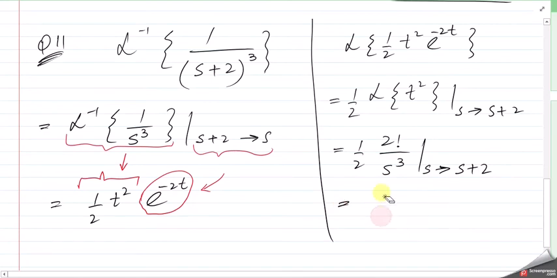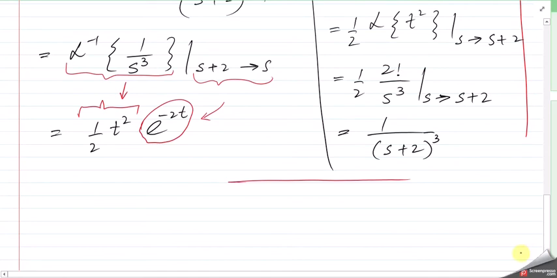I'll write directly because 2 factorial and 2 cancel. S plus 2 same. So this one and this one are same. So this procedure from here to here, we are simply reversing this procedure. So we start with this point, shift s plus 2 to s. Opposite, s plus 2 becomes s, and then we attach e power minus 2t.